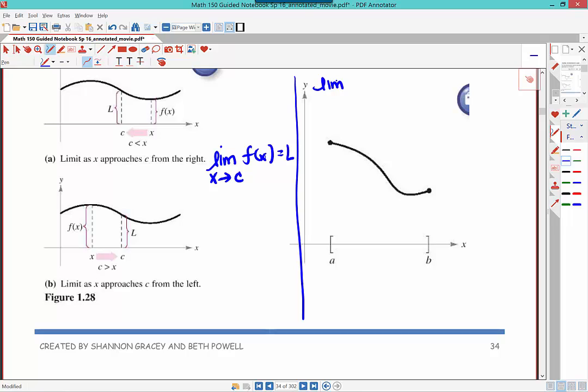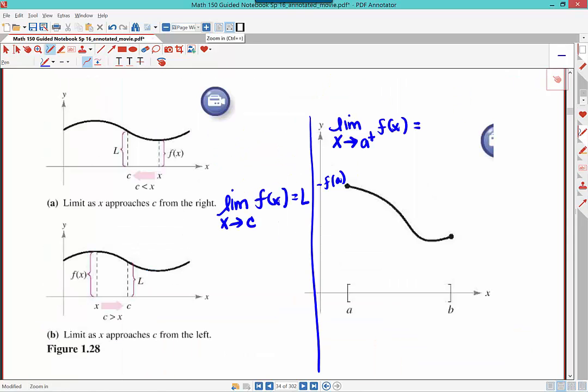What is happening as x approaches a from the right side of this function f of x? What is it equaling to? Good. It's equal to f at a, isn't it? It's equal to f at a.